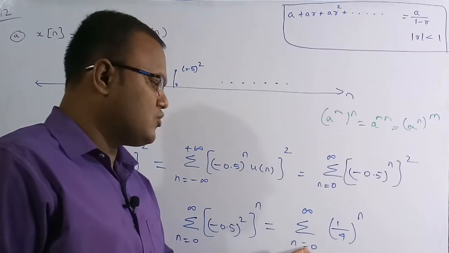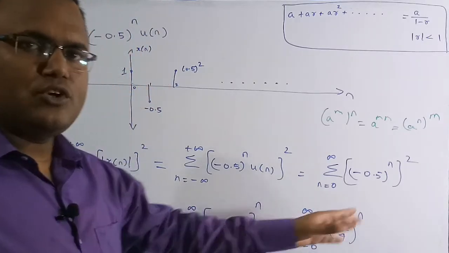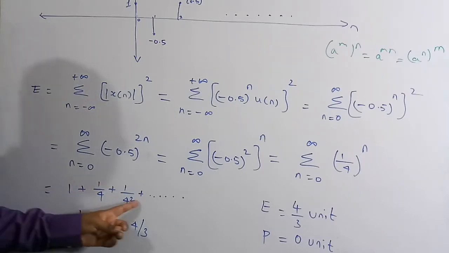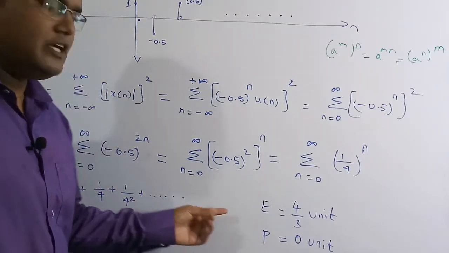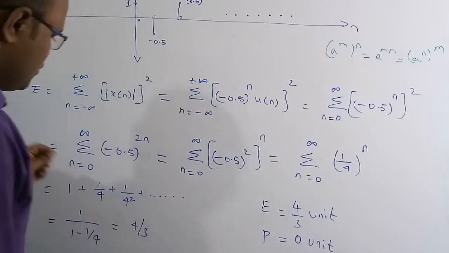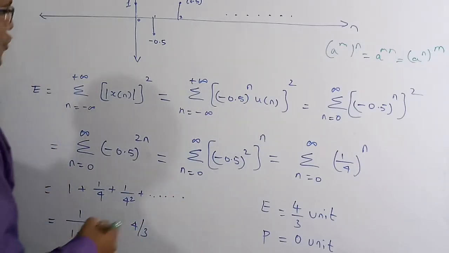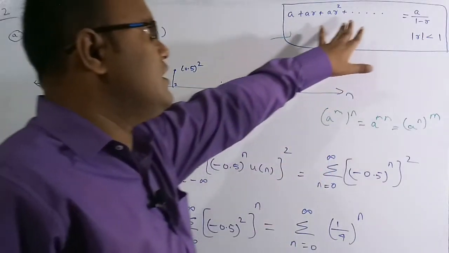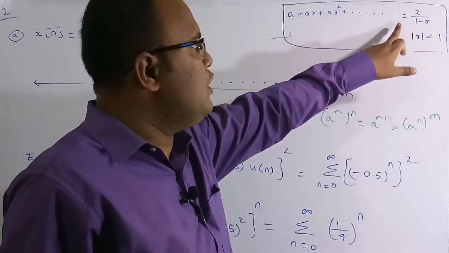Now when n is equal to 0 and n is equal to 1, and so on, I am going to substitute here. So I am going to get 1 plus 1/4 plus (1/4)² up to infinity. If you see carefully, you know the basic formula of the GP series, which is a plus ar plus ar² up to infinity is equal to a/(1 minus r).